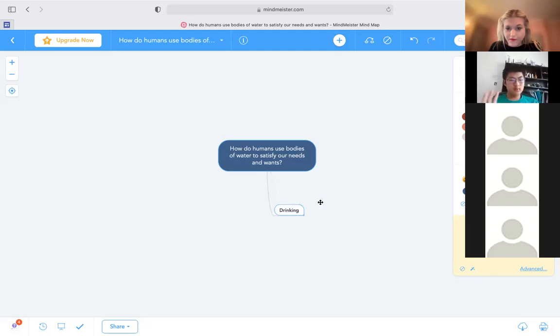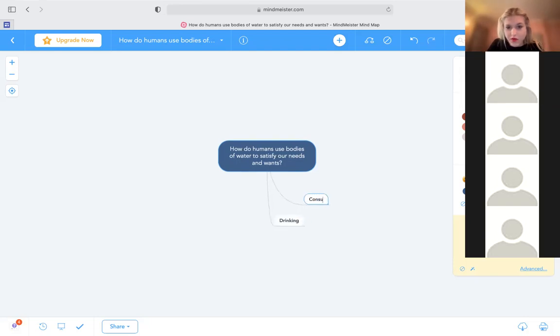We use water for, I'm going to put drinking and bathing both under consumption, right? So drinking, bathing, cleaning. Yeah, exactly.